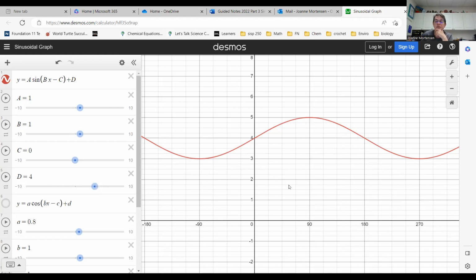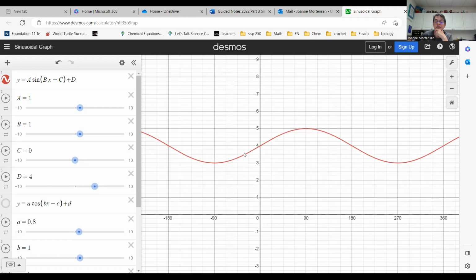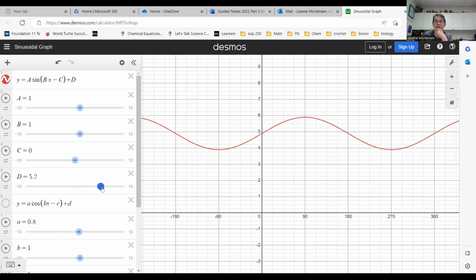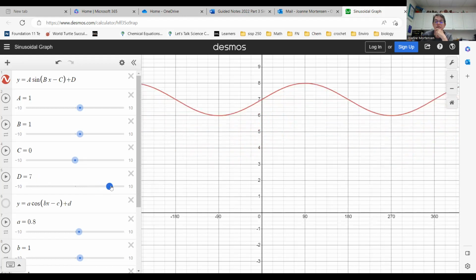So I'm going to scroll a little bit more so I can see. One period would be starting here, middle of the roller coaster, and getting to there. Keep watch on that as I move this. Let's move it up to 7. And we're still done at 360. So it does not change the period.